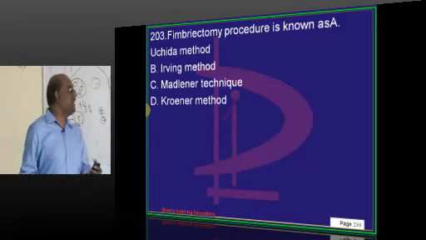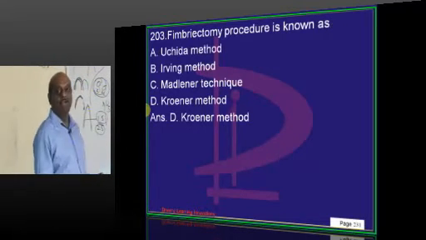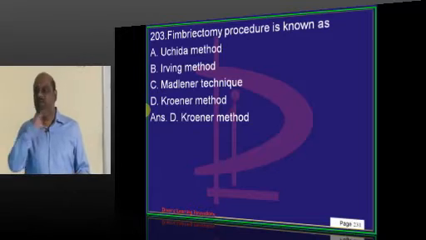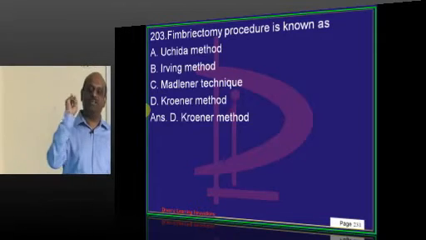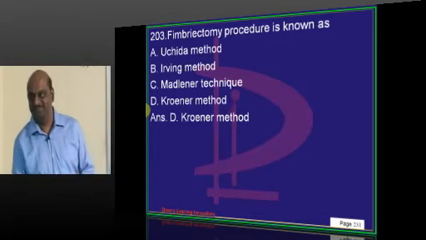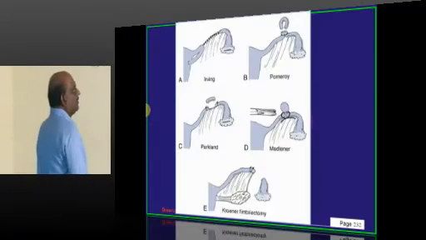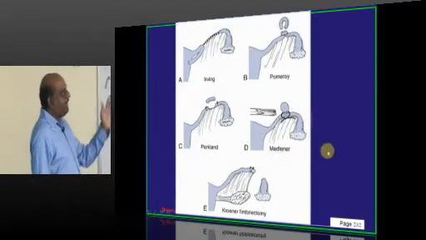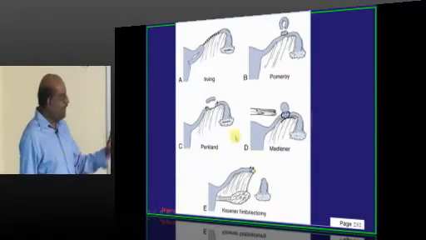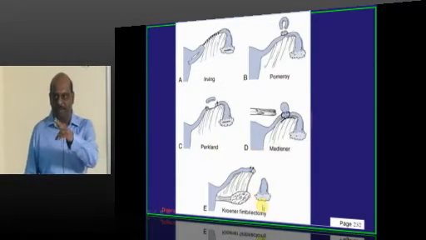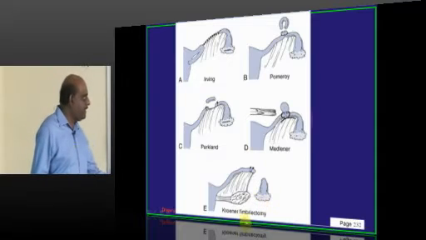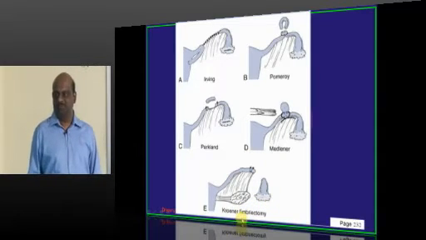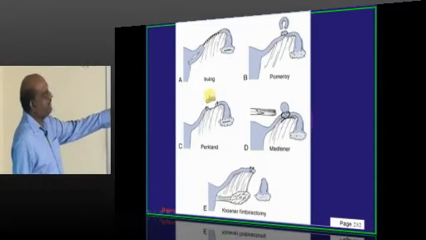Pomeroy, Uchida, Madlener, Kroener, these are the favorites. One question will come on tubectomy, right? So in Irving, Pomeroy, Parkland, Madlener, in none of the situations will you cut the fimbria. Fimbriectomy is only done in Kroener. What is the difference?